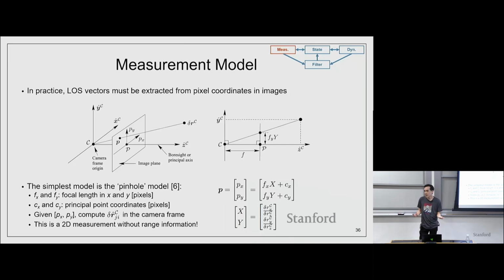And if you know some information about your camera, such as the focal lengths and the cx and cy quantities, which are like the coordinates of the central pixel, you can extract these capital X, capital Y quantities, which are essentially where your line of sight vector to your target intersects with the plane of your image. And in doing so, you can solve for your unit vector and your bearing angle. So again, you have a 3D relative position vector for your target passing through this 2D image plane, so it's reduced down to 2D information.